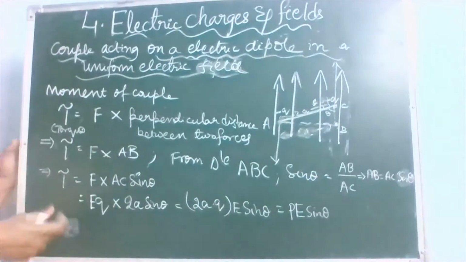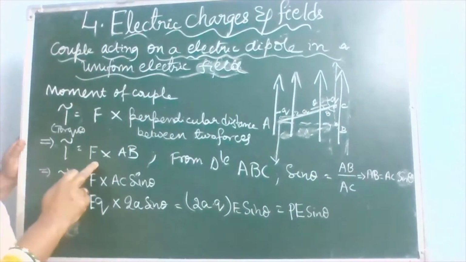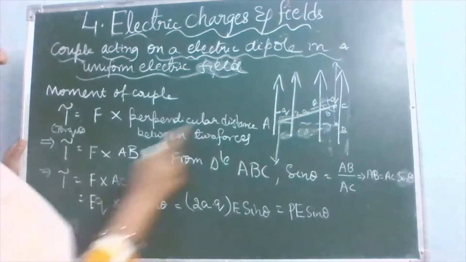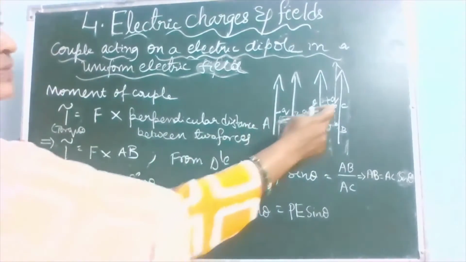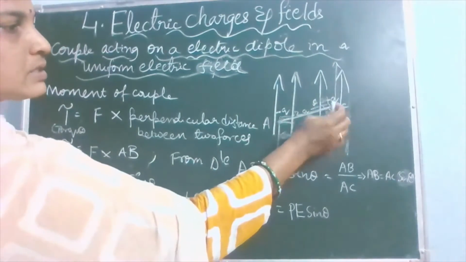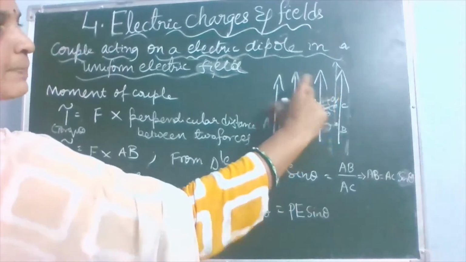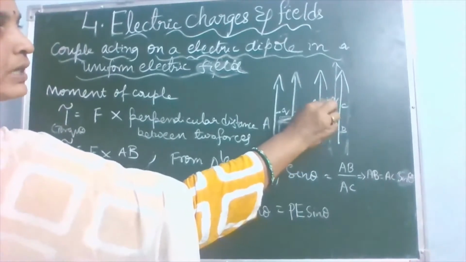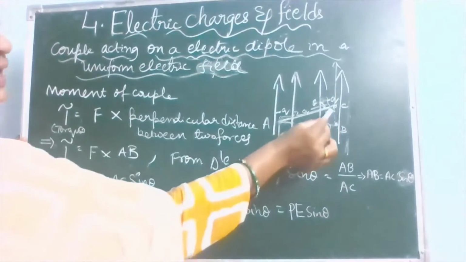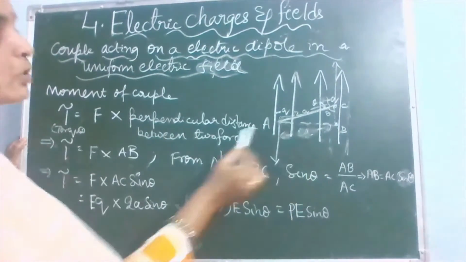So F into, this one is the perpendicular distance, AB. From this triangle ABC, this one is theta, meaning it makes a particular angle with this electric field, theta. So then this also becomes theta. So sin theta equals opposite side by hypotenuse.